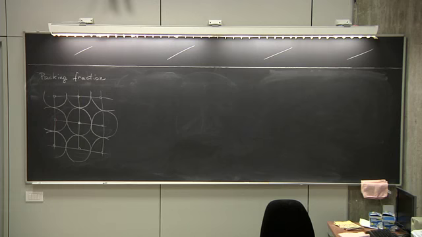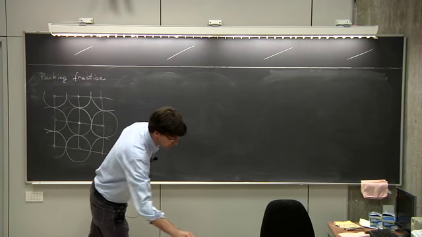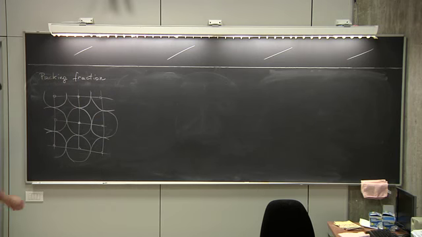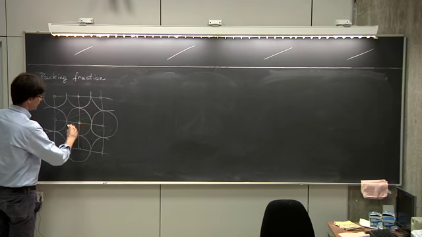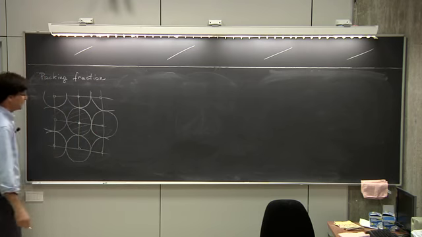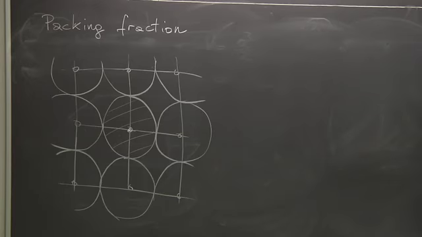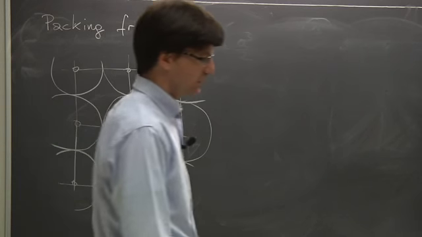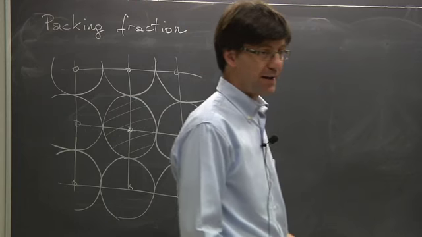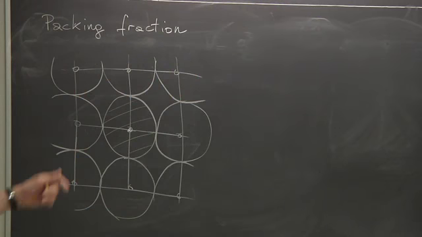By packing fraction, I define the area covered by the spheres, by the circles, with respect to the overall area of my system. So it's a measure of how efficiently I can pack circles or spheres, in 3 dimensions or in the plane, for a given lattice.